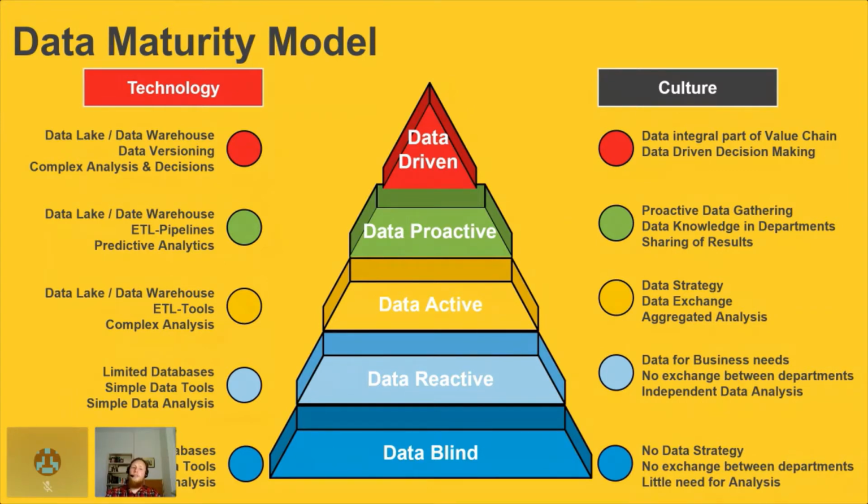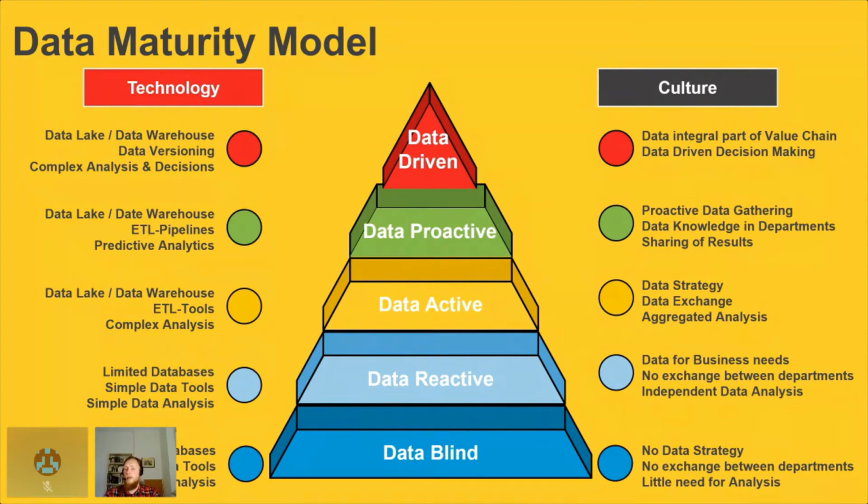And you finally begin using complex analysis to work with your data. In my personal opinion, this is the level where you finally begin thinking about machine learning, where you think about having complex analysis on your data and using, for example, data science methods to analyze it.